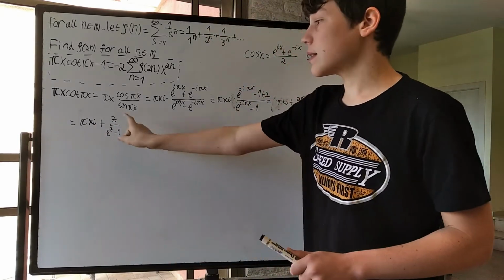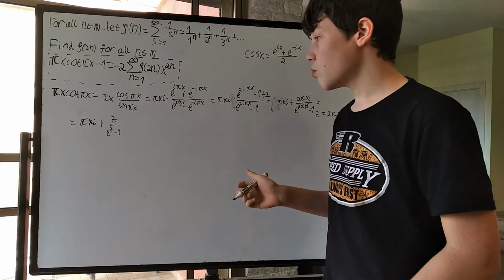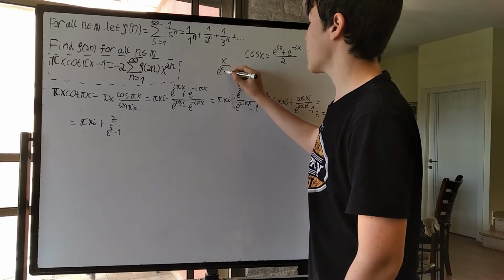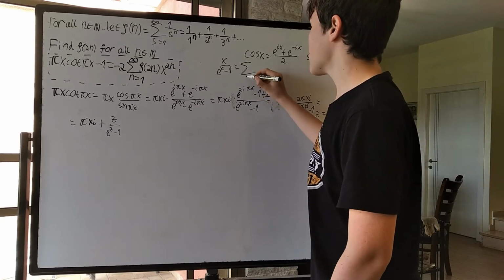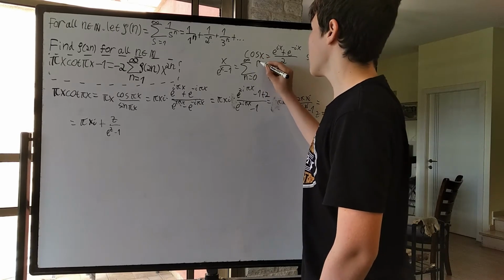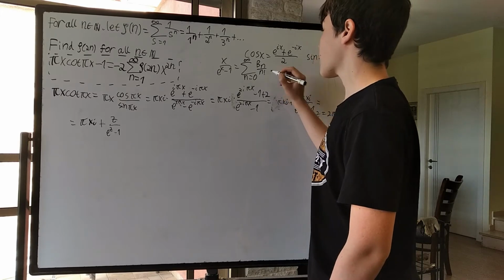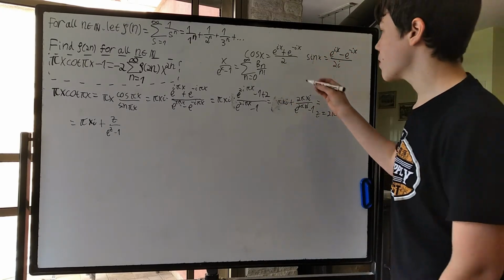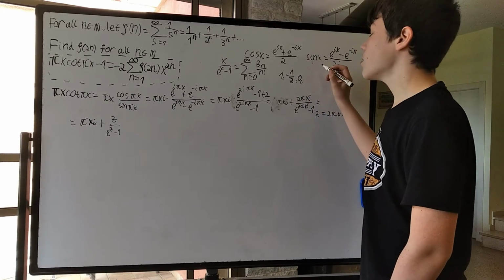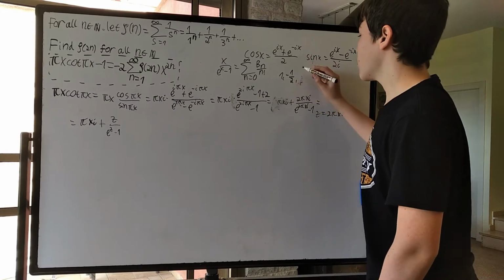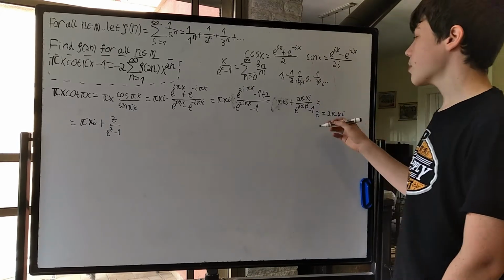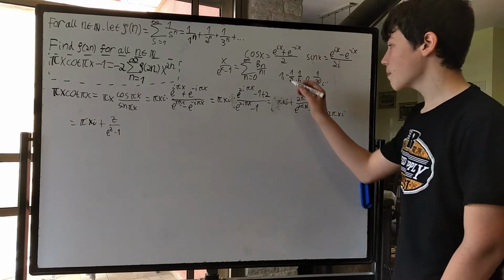Now this has a famous expansion, which I'll also write here: x over e to the x minus 1 is the sum as n goes from 0 to infinity of the Bernoulli numbers over n factorial, where the Bernoulli numbers, if I remember correctly, go 1, negative a half, 0, 1 over 6, 0, negative 1 over 30. If I remember correctly, that's how they go.